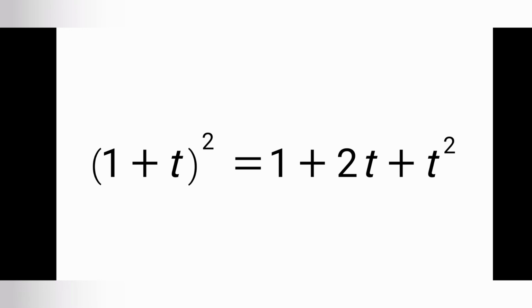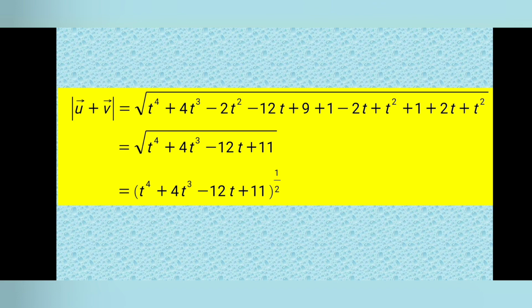Since we have gotten the values of all the terms in the square root sign, if we simplify them, we will arrive at t to power 4 plus 4t cubed minus 12t plus 11.